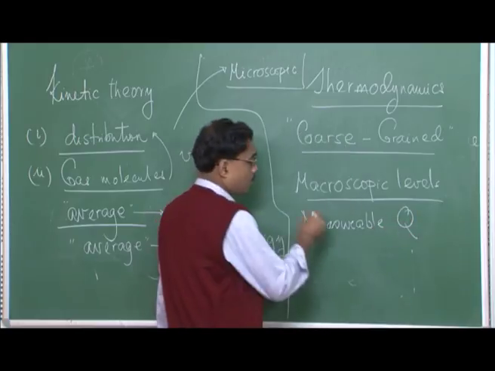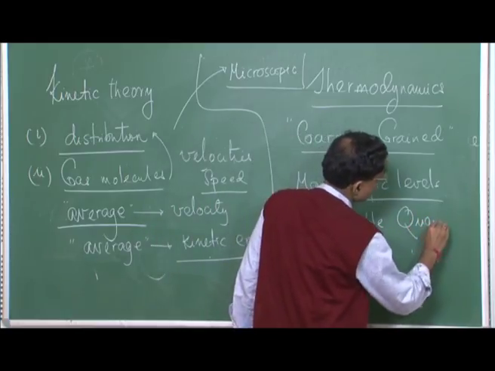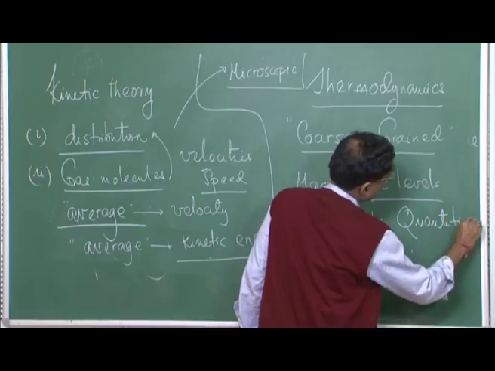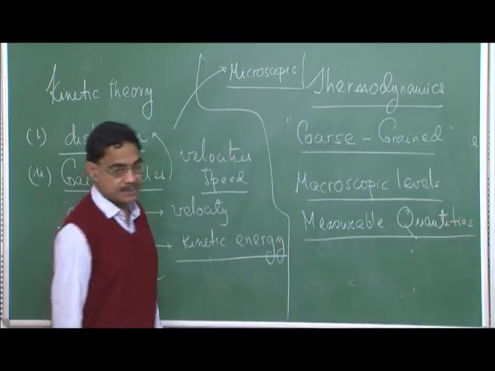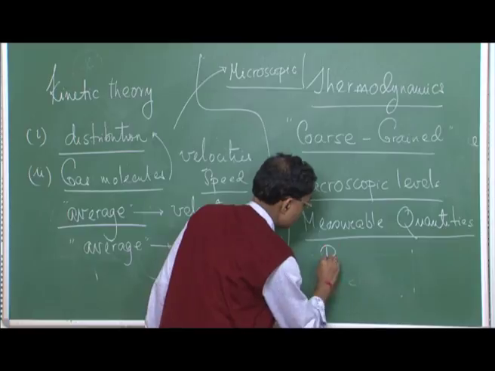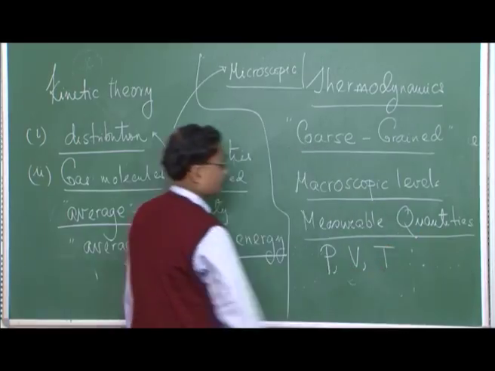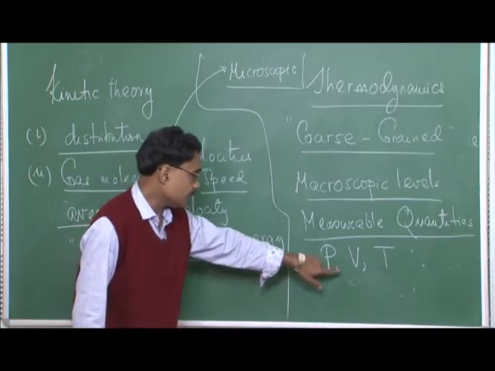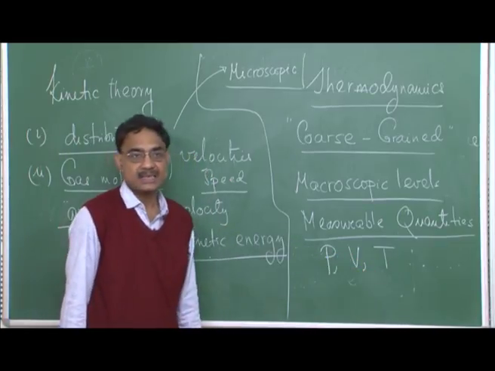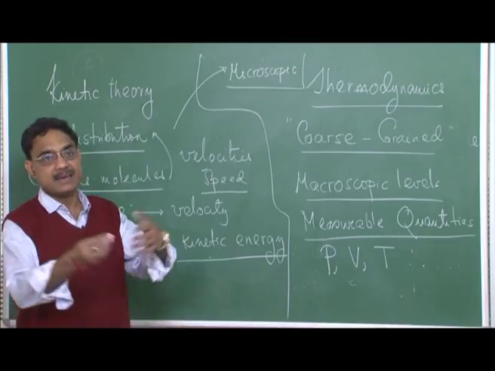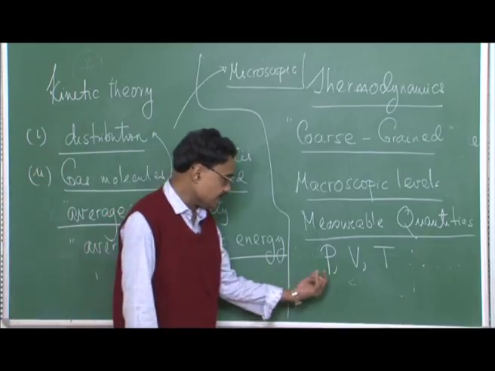All the physics, all the equations I am going to write will involve only the measurable quantities, namely pressure, volume, temperature and so on. You see, pressure, volume, temperature, these are the quantities we measure in experiments.